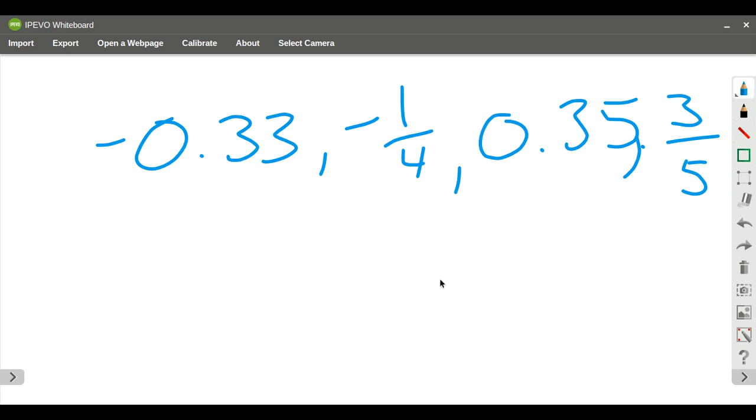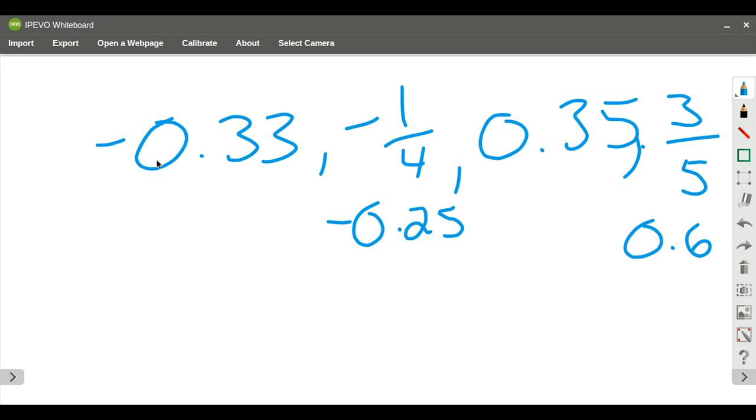So when I take a look at these, I just need to make sure that I have the forms that I need. So this one I need to go ahead and convert. So this one is going to be negative 25/100. And then this one I'm going to convert into tenths. So this is 6/10, and I write 6/10 as a decimal, 0.6.